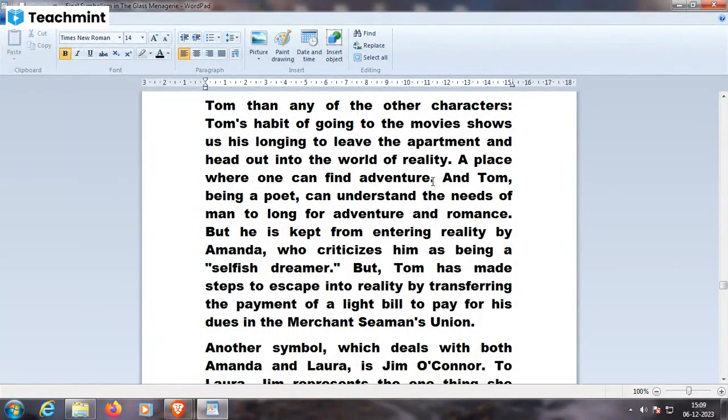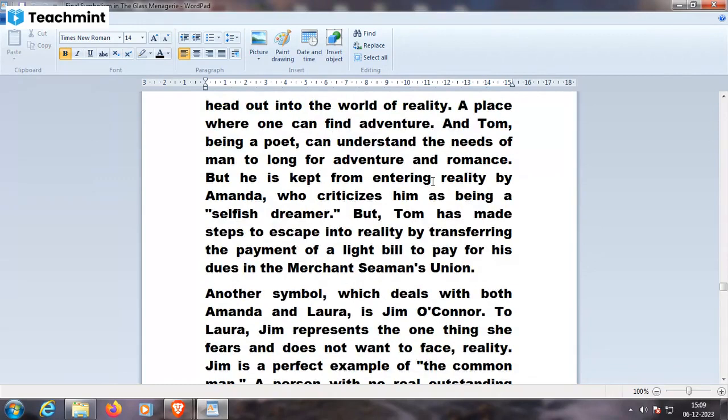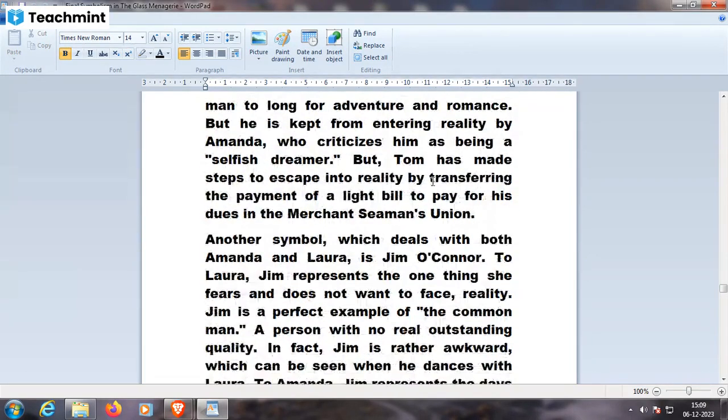Another symbol, which deals with both Amanda and Laura, is Jim O'Connor. To Laura, Jim represents the one thing she fears and does not want to face: reality. Jim is a perfect example of the common man, a person with no real outstanding quality.